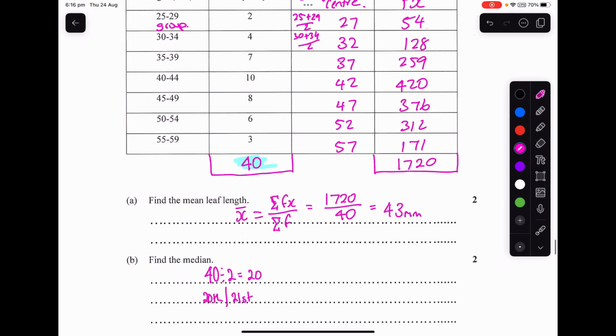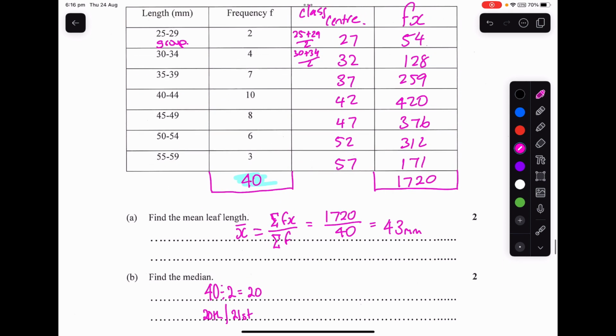So we need to go back to our frequency. Now, the easiest way to do this is to add them up like a cumulative frequency and work out where the 20th and the 21st scores lie. So here I'm looking at our frequency column. I have 2 scores. Then I'm going to add 4. So now I'm up to 6 scores. Then I'm going to add 7. So I'm up to 13 scores. I'm going to add 10. I'm up to 23 scores.